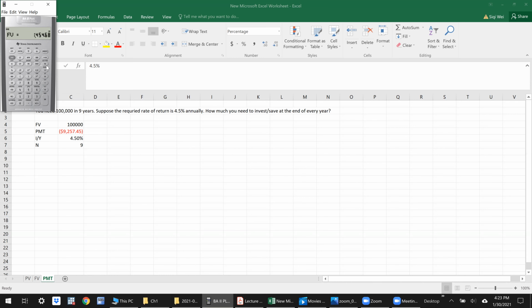Let me clear the time value and erase the memory. So you have 100,000 future value, okay, and 9 years, which is N, 4.5, and that is your rate.